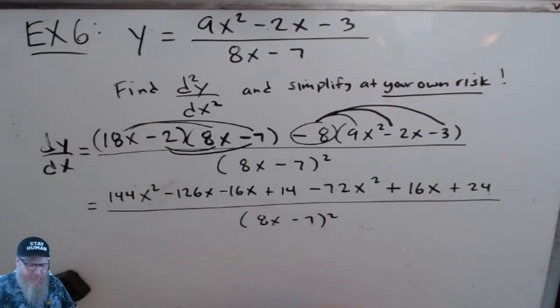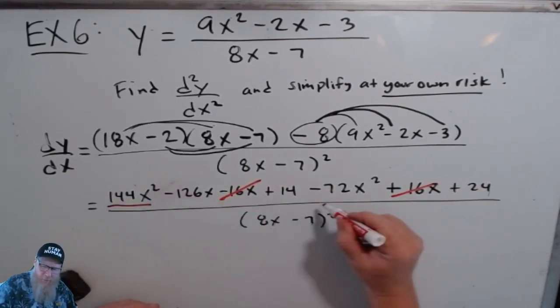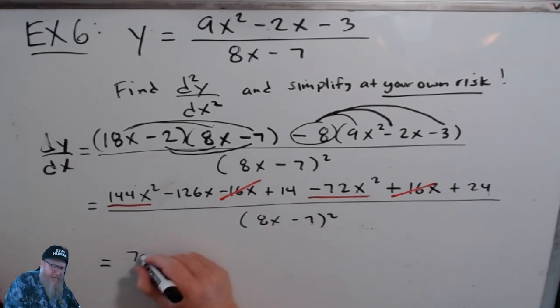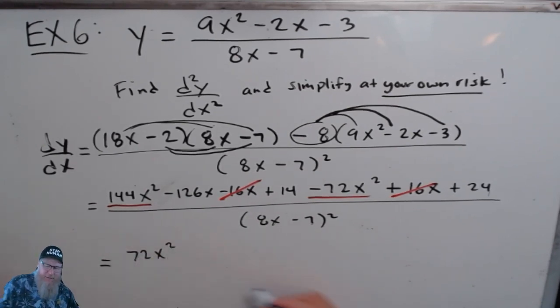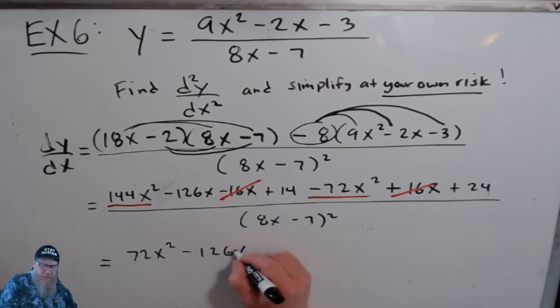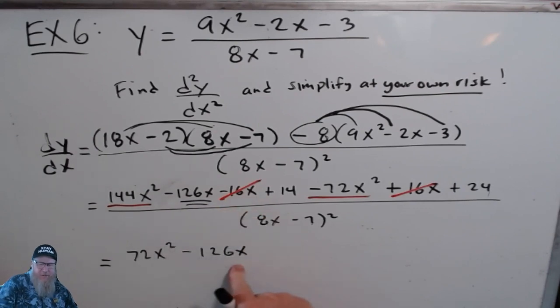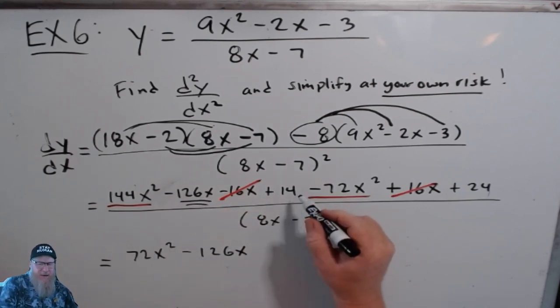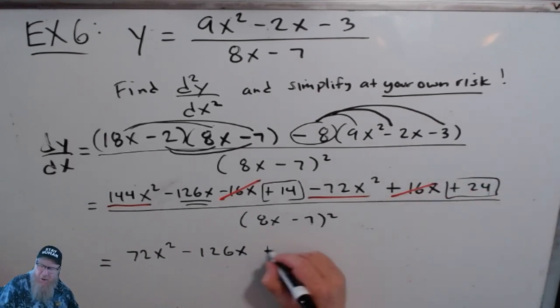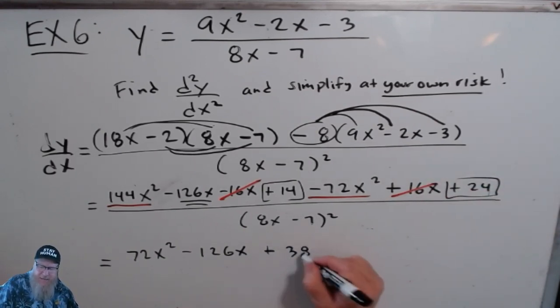Now let's do some simplifying. The 16s will cancel. The 144 and the negative 72 will combine to just be 72. The negative 126 is all alone in the middle here. And then I've got a positive 14 and a positive 24. So I've got a positive 38.